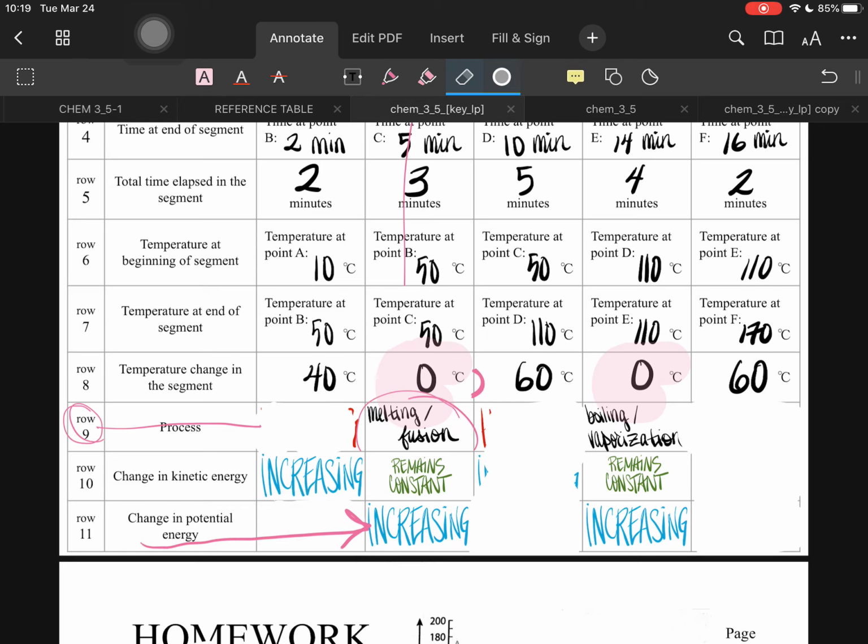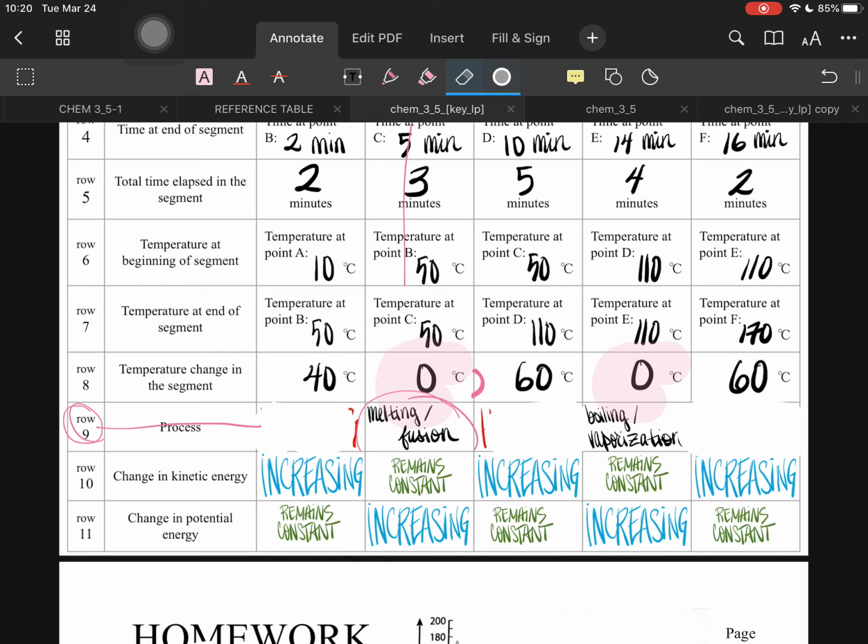And we can say the same about when it's in the liquid phase and when it's in the gas phase. Change in potential energy. All right, so the average kinetic energy is increasing. Energy is potential plus kinetic. This is going to be remaining constant.